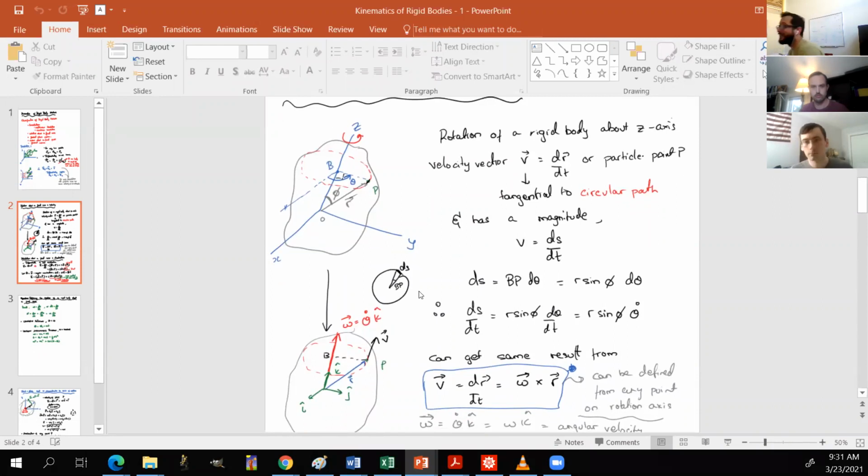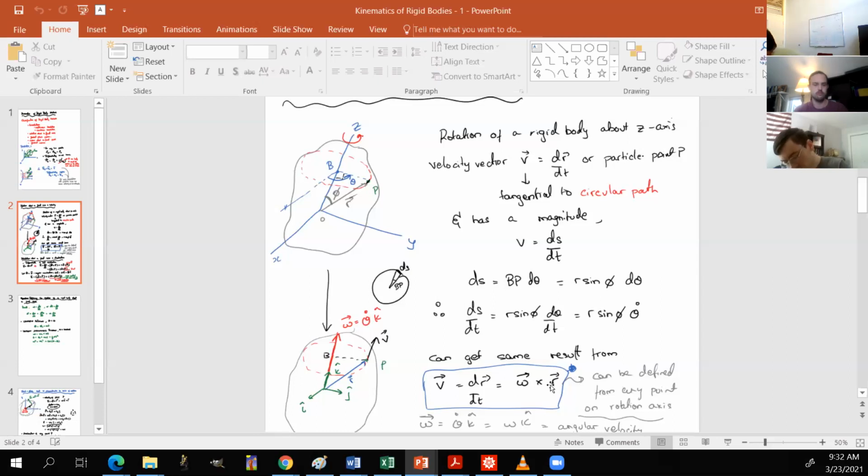Omega here is the angular velocity expressed as a vector about that axis of rotation. Think of the right-hand rule: your thumb points in the axis direction, and your fingers curl in the direction in which your angular velocity is positive. That gives you the vector direction you need for the angular velocity.